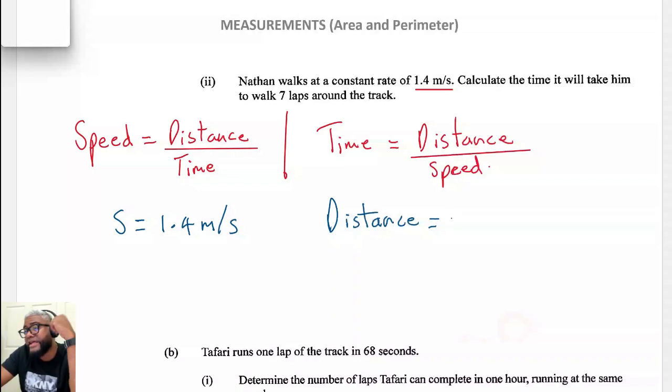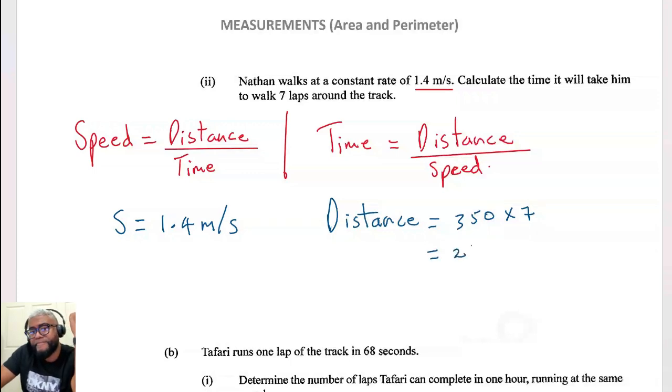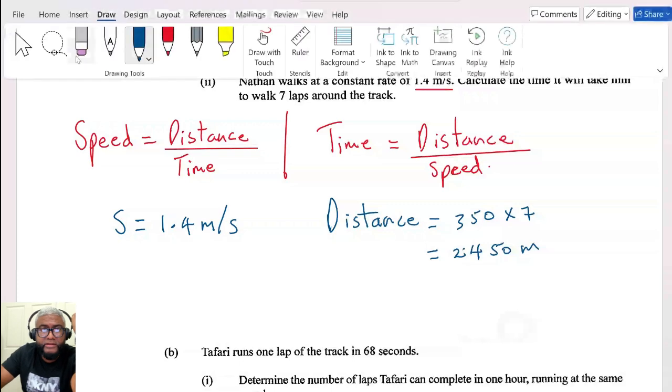He makes 7 laps. How would I calculate that? 350 multiplied by 7. And what do we get when we multiply that? 2,450. So 2,450 meters he walks.